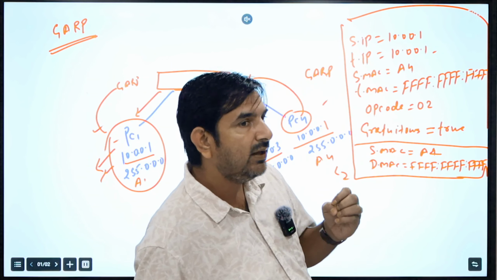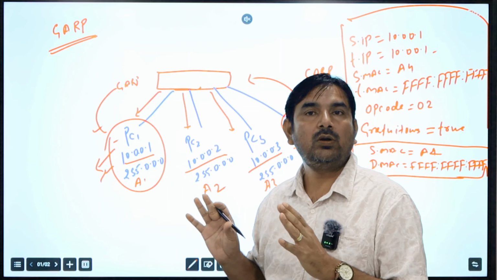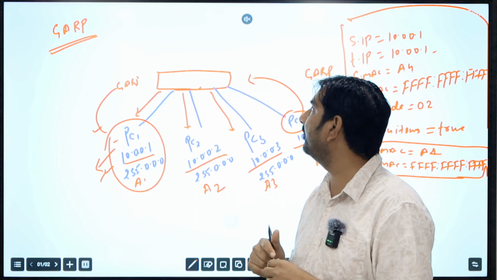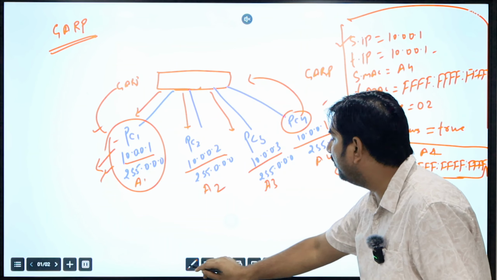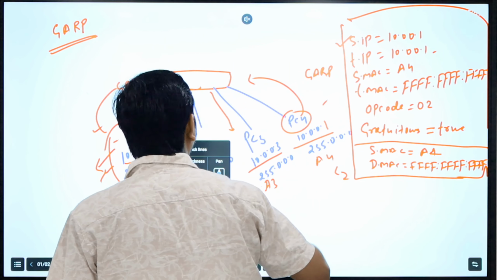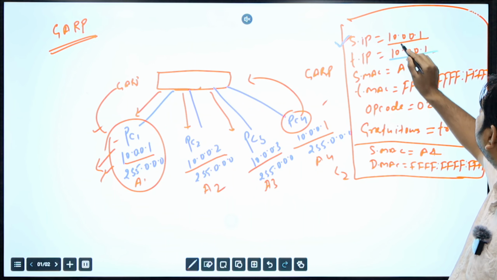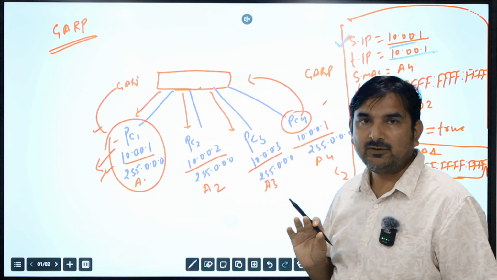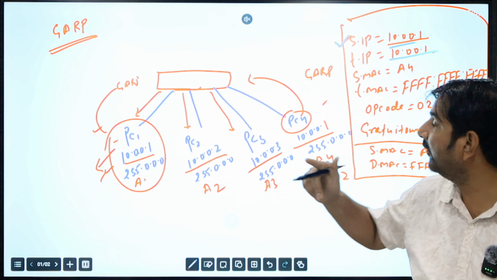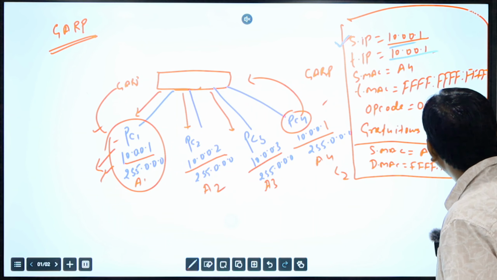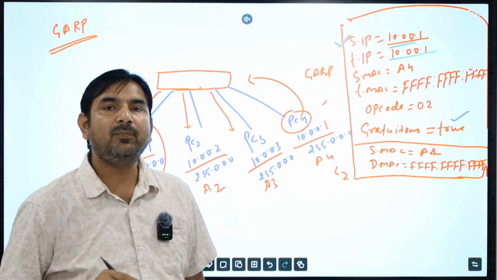Can you explain the difference between normal ARP and GARP? So what is the difference between normal ARP and GARP, guys? In the GARP message, the source and target IP will always be the same. Here you can see, both are always the same in the GARP message. But in normal ARP, the source and destination will be different. Second difference: gratuitous will be true in GARP, but in normal ARP, gratuitous will always be false.